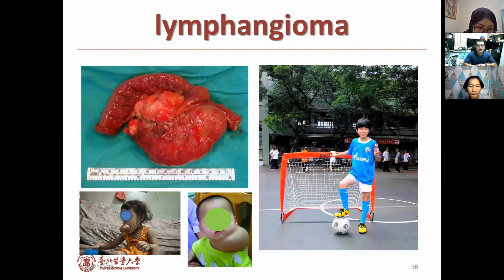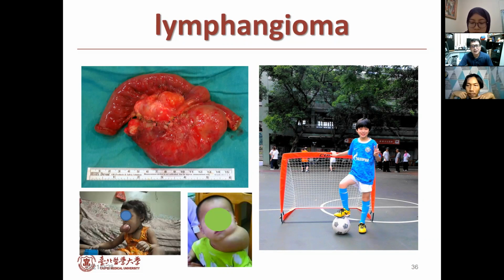Here I'm going to show you a disease, an abnormal growth of lymph nodes or the lymphatic system. We call it lymphangioma. This kid is actually my son, and when he was about 10 years old, probably third grade, he suffered severe abdominal pain.